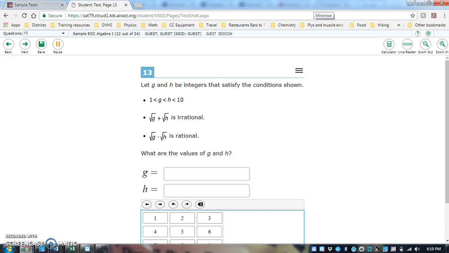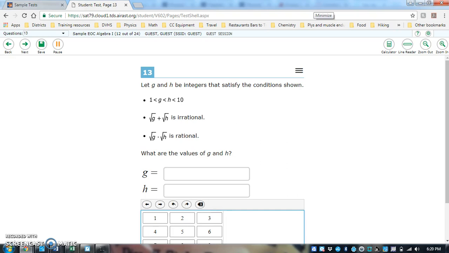So we have to understand a couple things. An irrational number is a number whose decimal can't be expressed as a fraction, nor can it be expressed as a repeating decimal, nor is it a whole number. Now, if I'm summing two numbers together, the square root of G and the square root of H, and I get that that's irrational, that implies that both the square root of G and the square root of H are irrational.